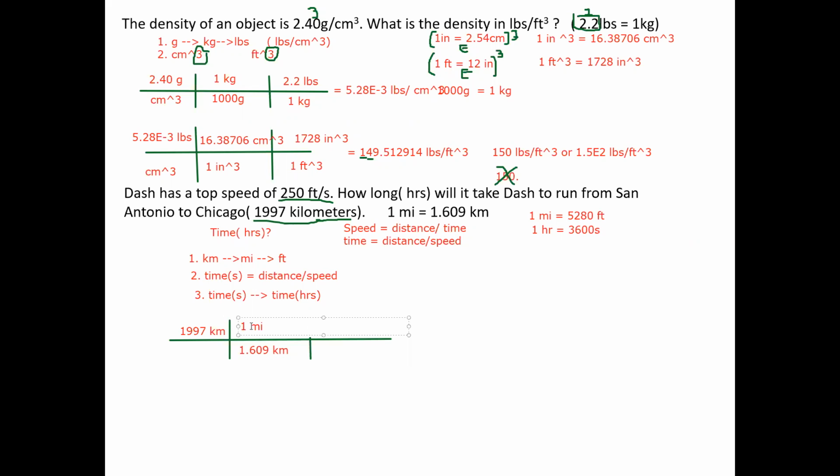Mile goes on top. Now we want to go from miles to feet. In our empty set of train tracks, mile is on the top left. So in our conversion, mile is on the bottom. Feet are on top. So here everything cancels but feet.